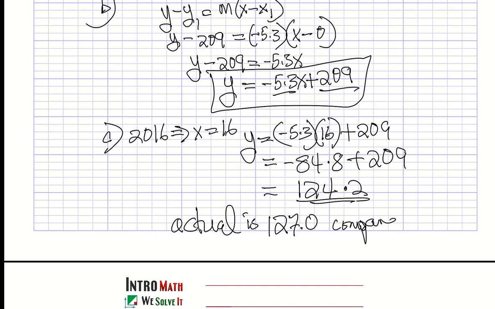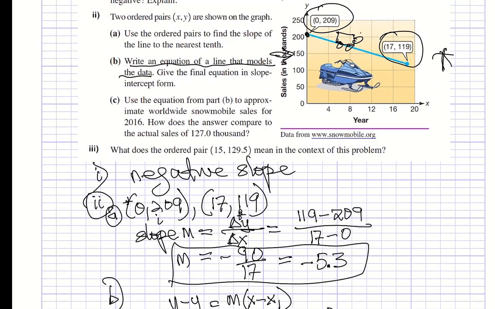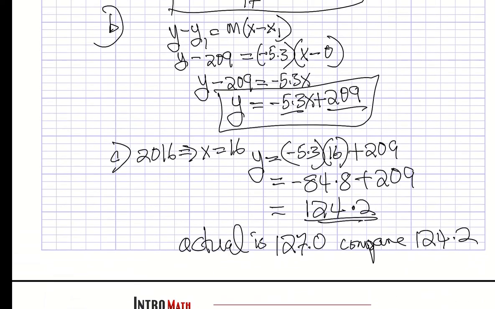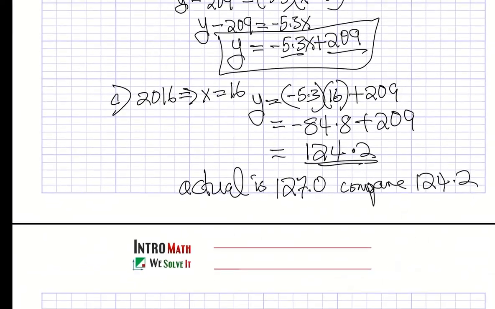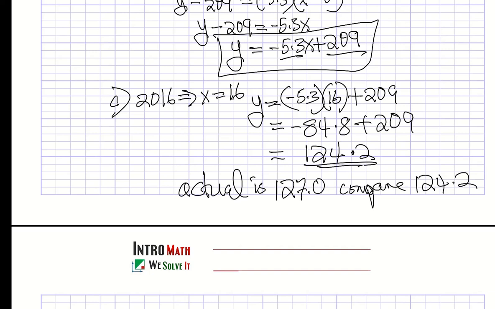If you compare it to 124.2, it's off. The whole thing is off. Yeah, it's kind of off. I would say it's off. The equation gives low. The equation is low, okay? This is low compared to the actual, okay? That's all I can say there.